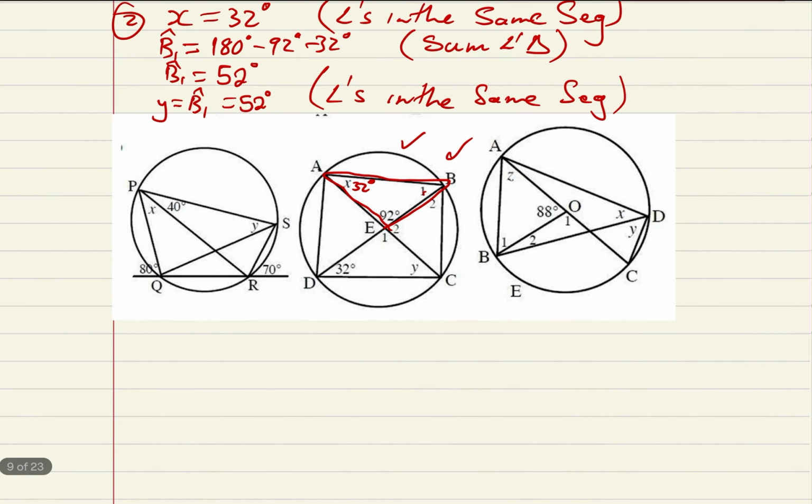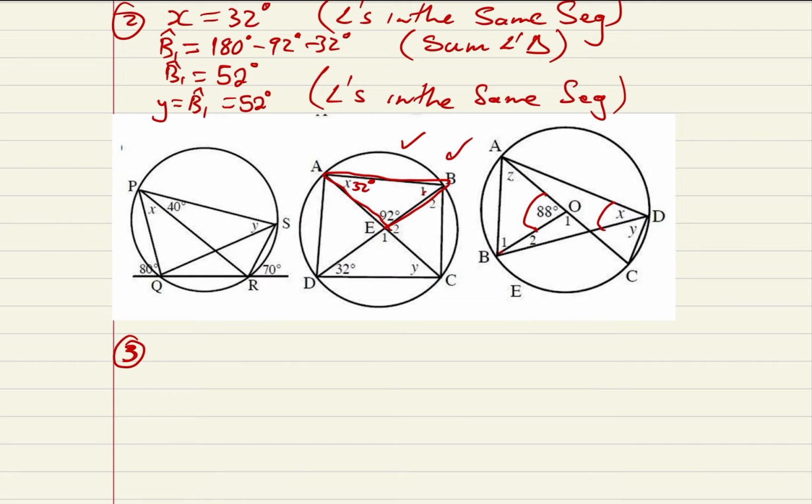I would like us to take number C first, which is number 3. Okay, I hope you fellas are following and looking carefully. This one, it is angle at the center. Can you see angle at the center is twice angle at the circumference?